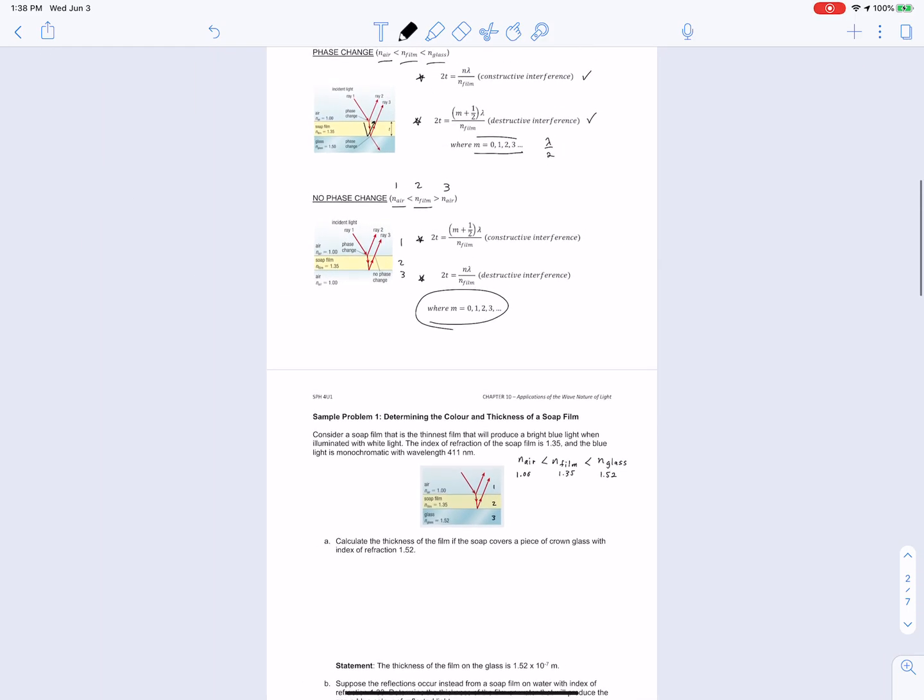We are looking at the first set of equations, and we know that for constructive interference, we're governed by the equation 2t is equal to m lambda over n film. And for destructive interference, we are looking at 2t is equal to (m plus 1/2) lambda over n film.